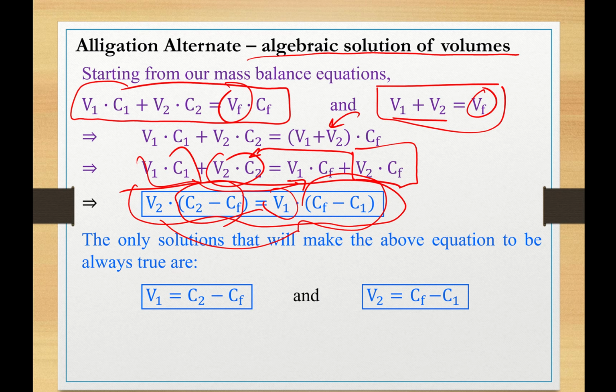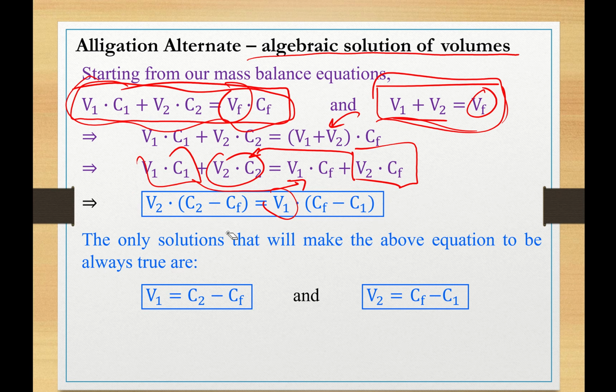So this is how the mathematicians 300-400 years ago, and that's obviously my hypothesis, ended up with the empirical method of alligation alternate. I strongly believe that they did have in mind the mass balance equation. Of course, they didn't perhaps call it mass balance equation, but they did have it in mind. And when they solved it, they came up with this equation over here.